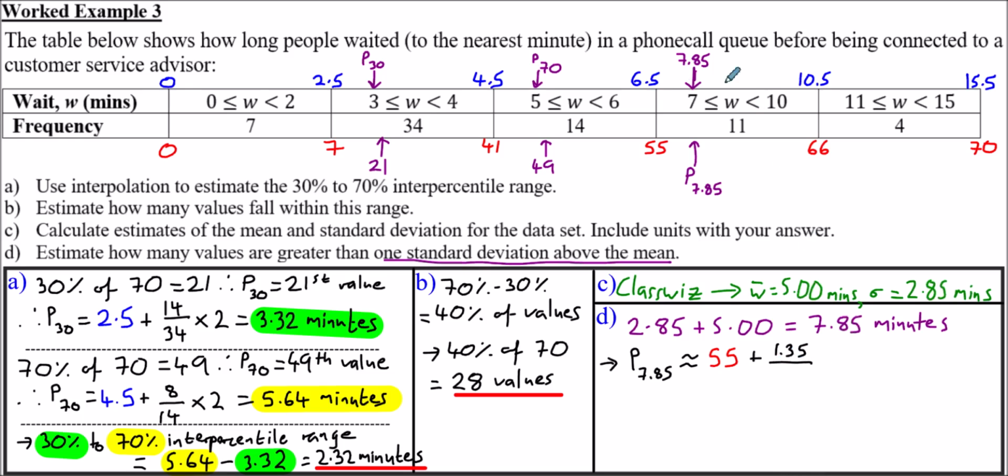And the interval width from 6.5 to 10.5 is 4. And so this here is a fraction within from the start of the interval that the position of 7.85 minutes should be. So 1.35 over 4 multiplied by the width of the interval. From 55 up to 66, that's a width in terms of positions of 11 values. 66 take 55 is 11.